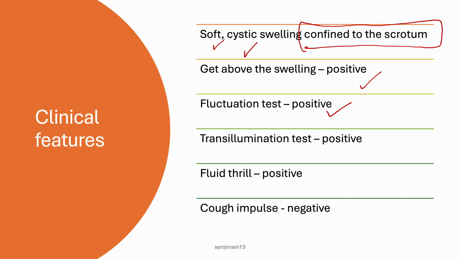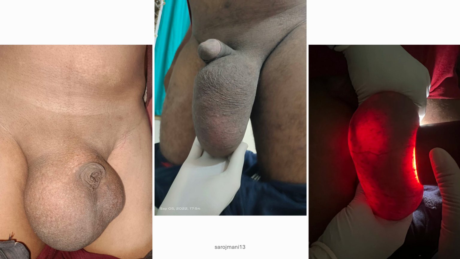Fluctuation test is positive, transillumination test is positive, fluid thrill is positive, and cough impulse test is negative. So these are the clinical features and the tests: get above the swelling, fluctuation test, transillumination test, fluid thrill, and cough impulse test. These are the main important features of hydrocele.